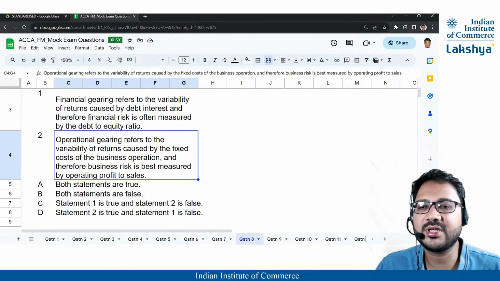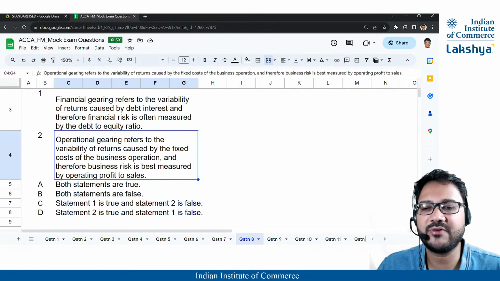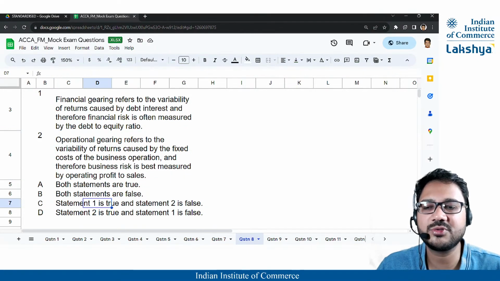And operating gearing refers to variability of returns caused by fixed cost of the business operation, and therefore business risk is best measured by operating profits to sales. Both statements are true, both false, statement 1 true and 2 false, or statement 2 true and 1 false.